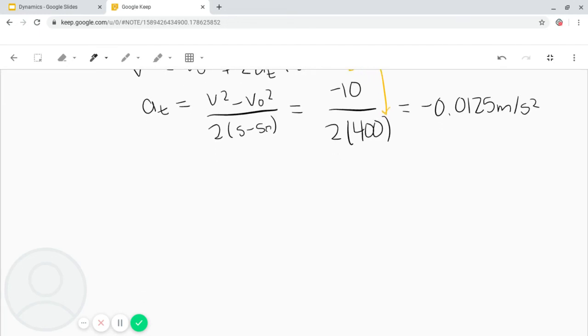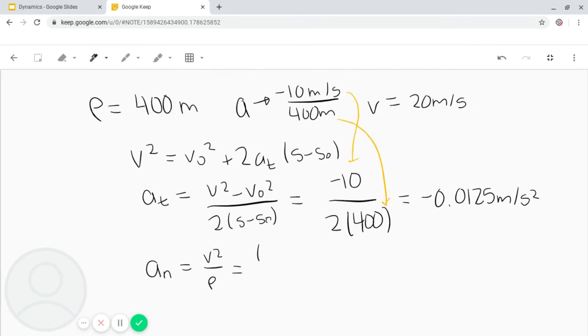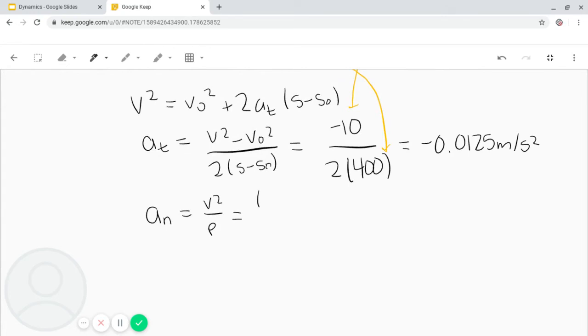Now we want to solve for normal. This is simply v squared over rho. And we don't need to use that big equation for rho because it's already given. We know that v is 20 meters per second at that particular point.